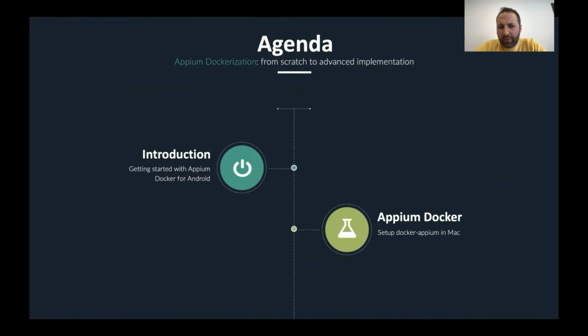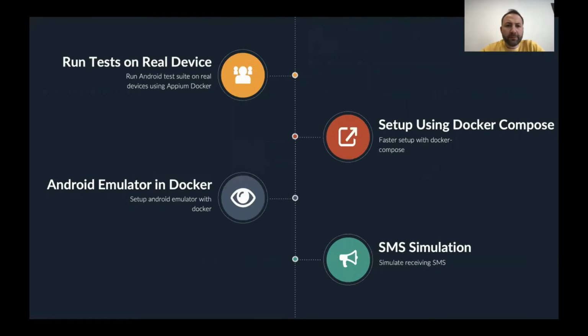We'll start with a bit of introduction, how we are getting started, and basically why Appium, why Dockerization, etc. Then we'll talk about Appium Docker, which is the Dockerization of the Appium server. Then we'll talk about how we run our tests on real devices using Appium Docker.